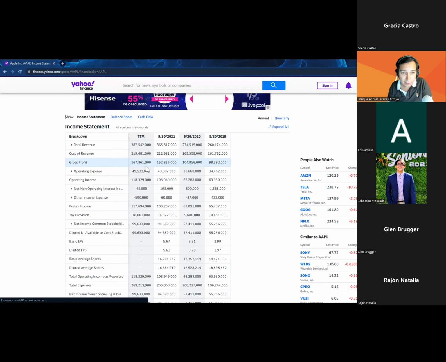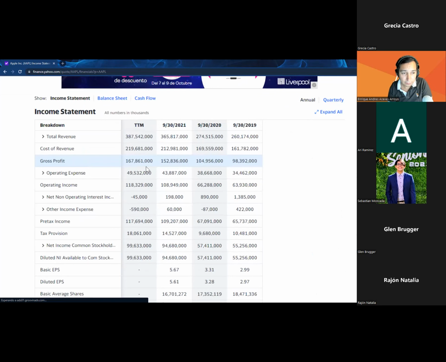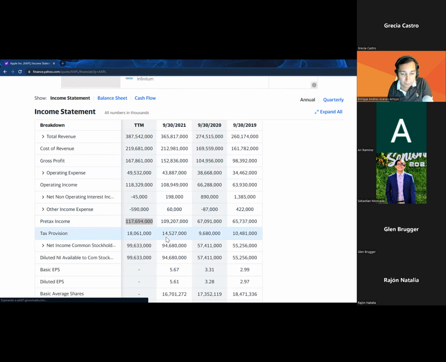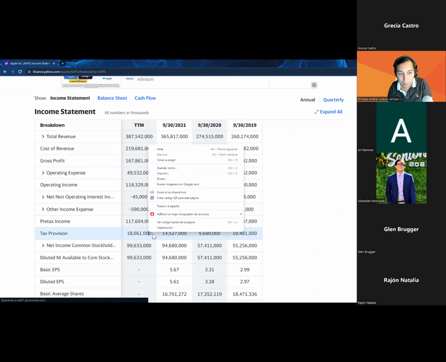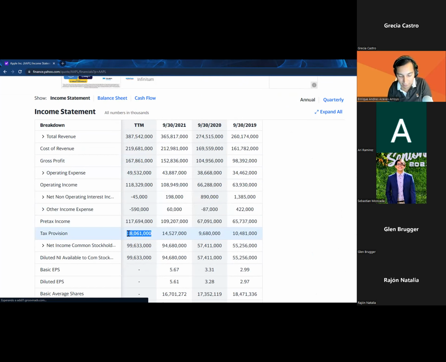Are you watching my screen? Yes. And you have the pre-tax income, and after that you have the provision, or what they are expecting to pay to the IRS.